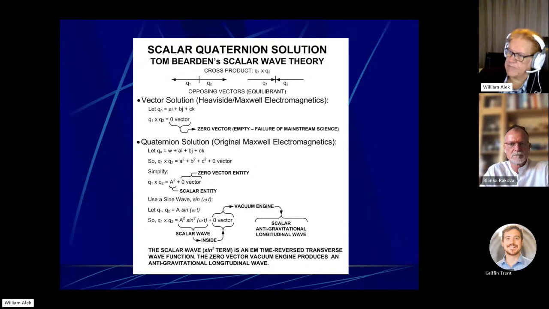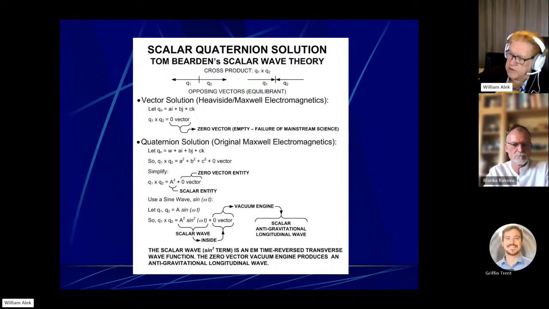Oliver decided to simplify these equations, and by simplifying them, he threw out the scalar component. So what you end up with is this cross product of two electric charges producing a zero vector, and that zero vector is empty. This is really the crux of what Tom was speaking about: the failure in mainstream science.